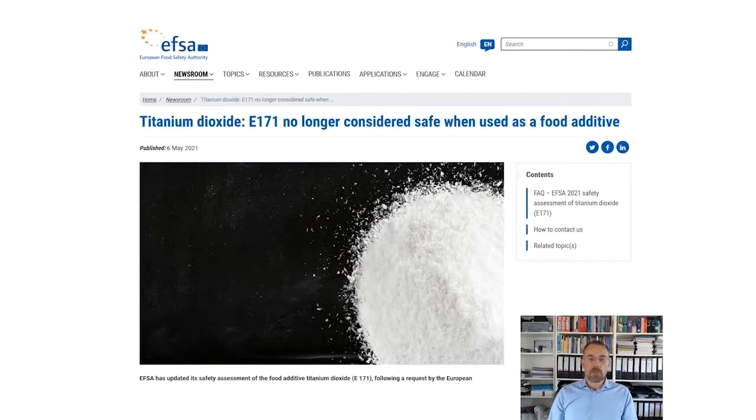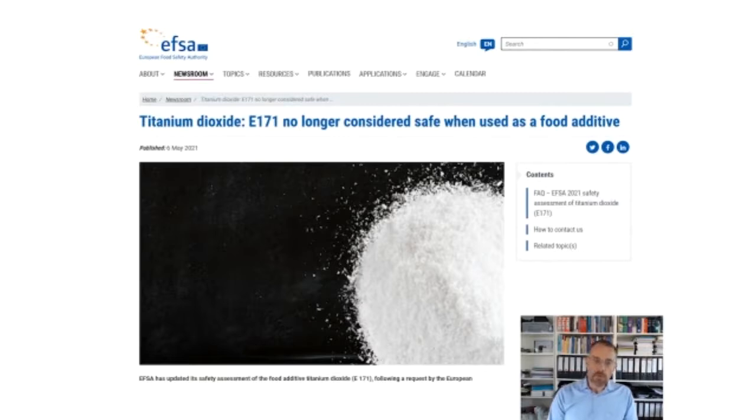And to give you an example of what I mean, consider the recent opinion from EFSA on the safety of titanium dioxide as a food additive. Titanium dioxide is used as a food colorant. Its function is to make food more visually appealing. It can be found in things like bakery wares, soups, broths and sauces, salads and sandwich spreads.